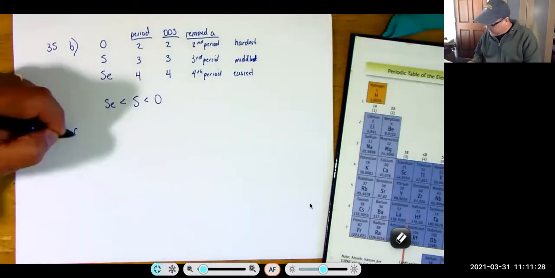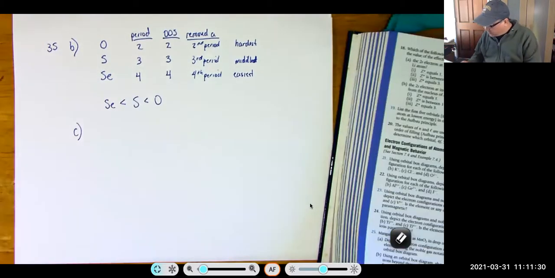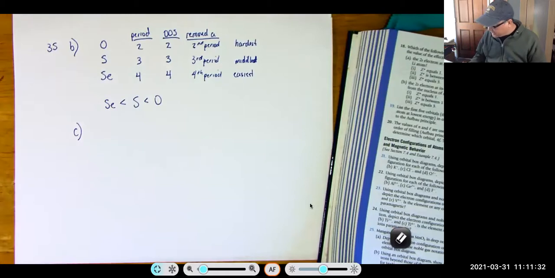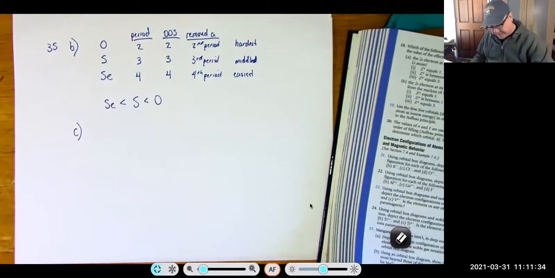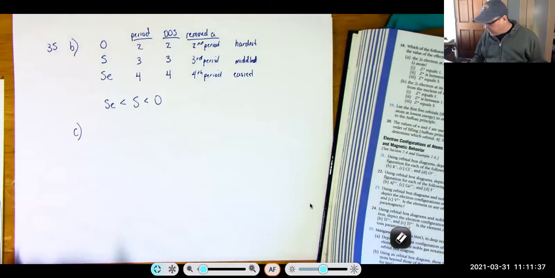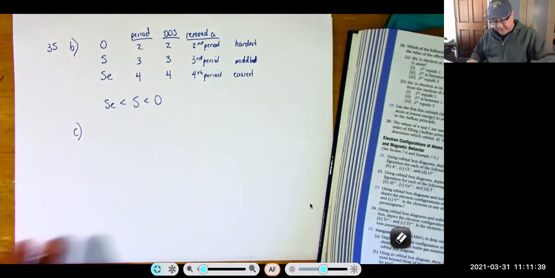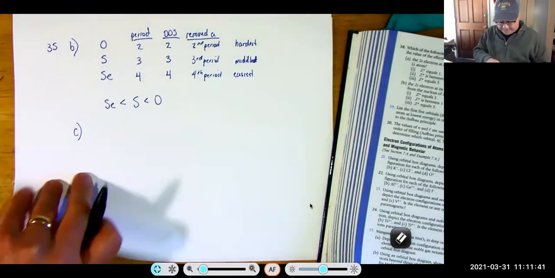Let's take a look at C. Which is the most negative electron attachment? So electron attachment enthalpy, let's talk about that.